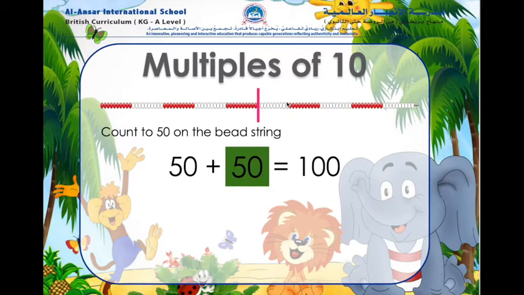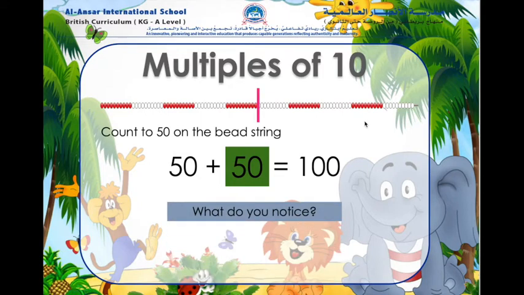So we can see that 50 plus 50 equals 100. What do you notice about this? Are the numbers similar to any other number bonds that you have done? If you guessed that it's similar to our tens bond, you are correct. It's the same as saying 5 plus 5 is equal to 10.